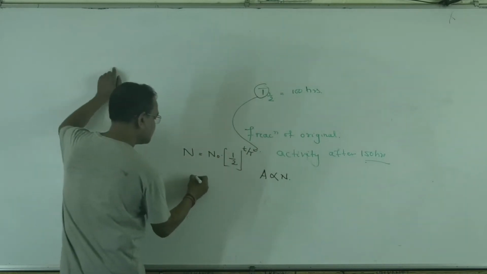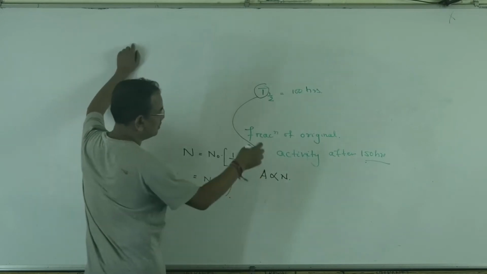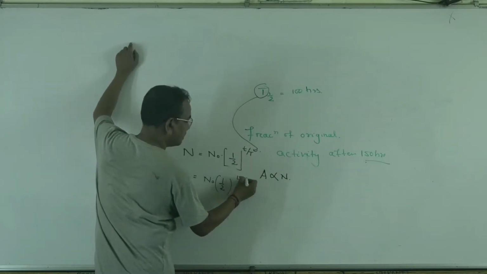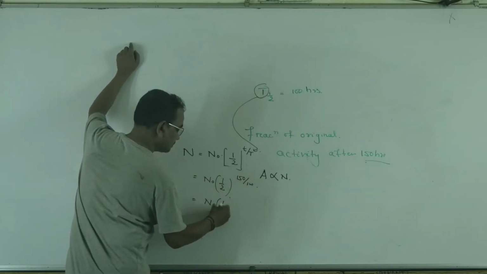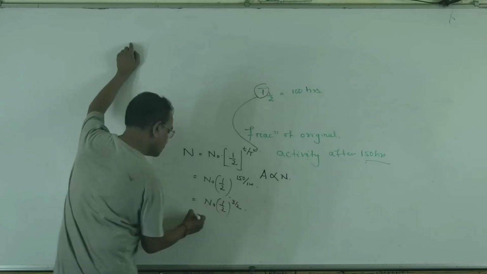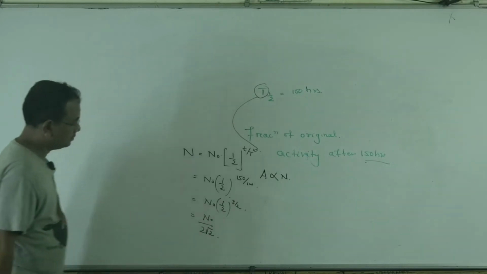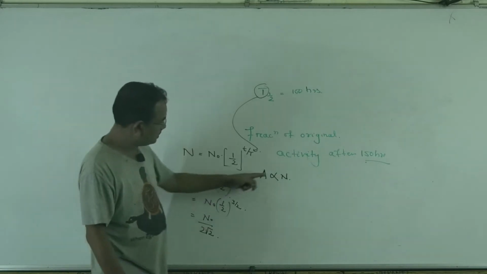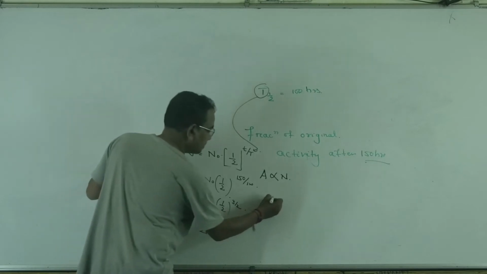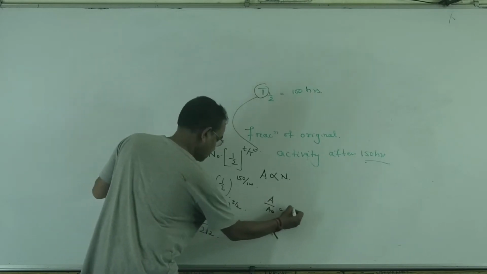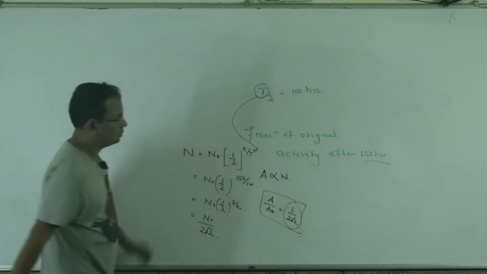So in this case, half to the power 150 by 100, that is 3 by 2. So N naught by 2 root 2. As N becomes N naught by 2 root 2, activity also changes accordingly. So A by A naught is equal to 1 by 2 root 2. So the answer is 1 by 2 root 2.